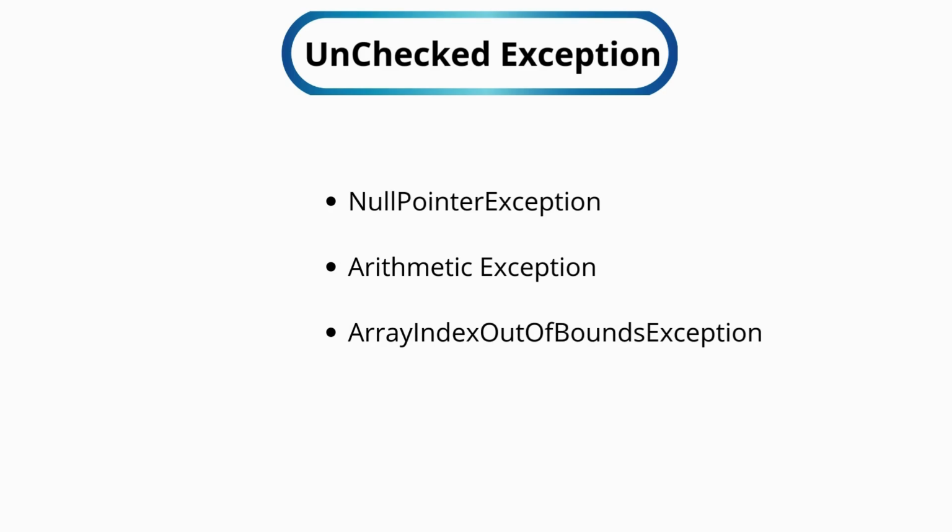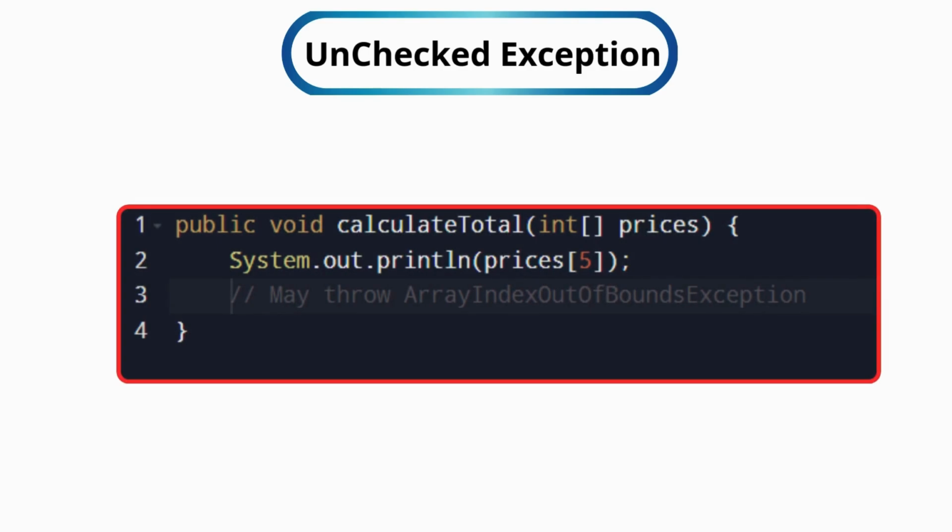So here's the example. Just imagine we have a calculate total method. Inside that, there is one array parameter, prices, that we are passing to the method. I'm going to print the array index of 5 without adding any values to prices, because it is empty.